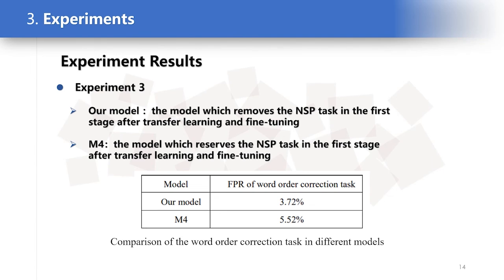And we use false positive rate as an evaluation indicator of the word order correction task. We classify the experimental results according to different types of test error and get the false positive rate of the word order correction task. Compared with M4, the false positive rate of our model in the word order correction task is reduced by 1.8%, which shows that removing the NSP task can effectively reduce the word order false positive.